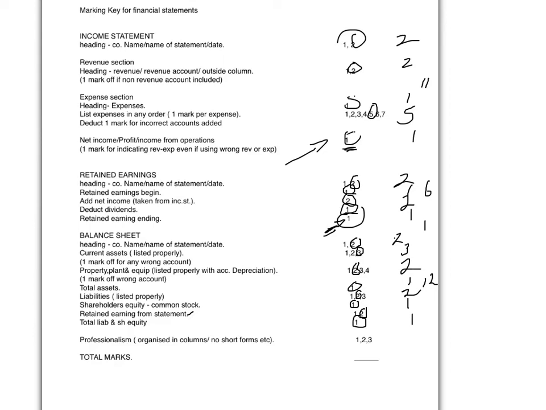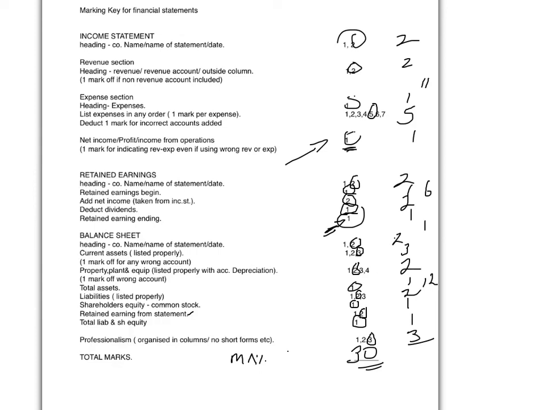Did they organize it properly? Is it in columns? They didn't use short forms. It looks professional. 1, 2, or 3. Of course, I'll give myself 3. But the max is 30, and I actually have, in this case, 32, but the max amount of marks is 30 for the income statement, retained earnings, and balance sheet.